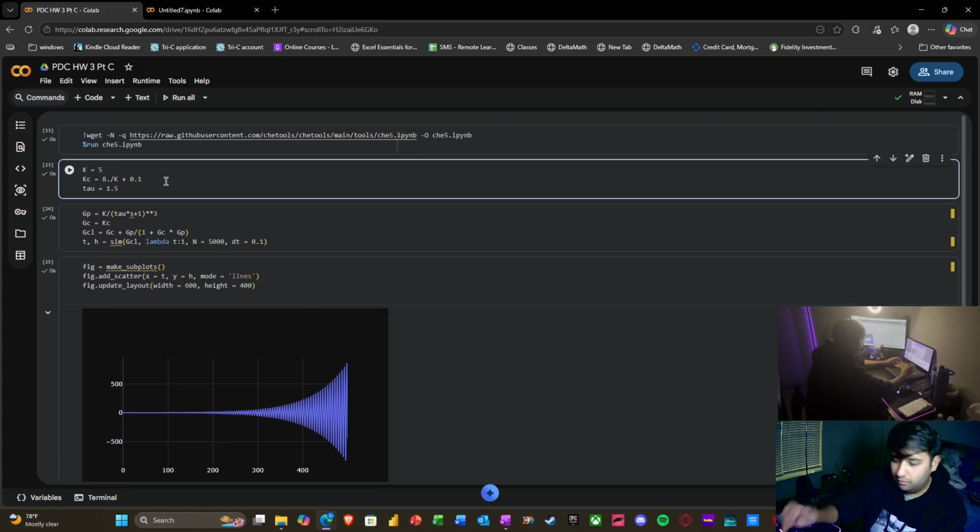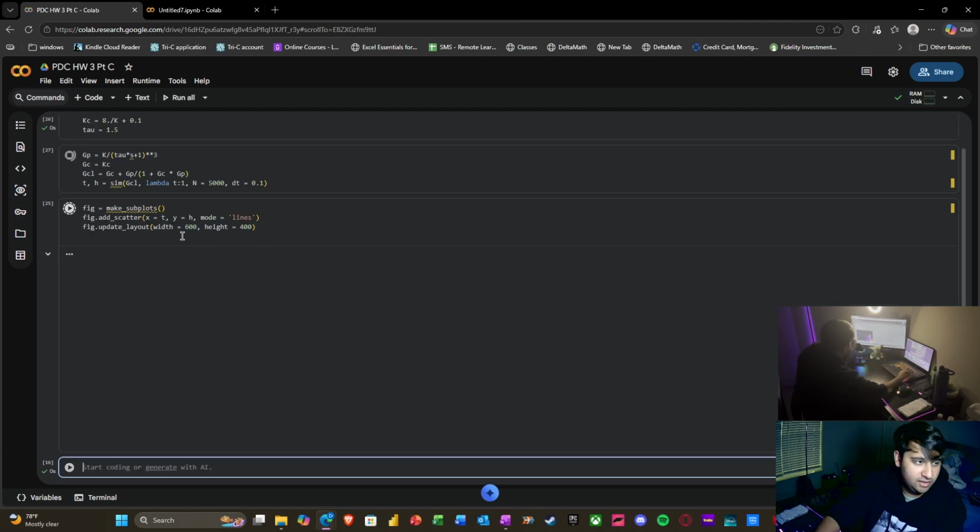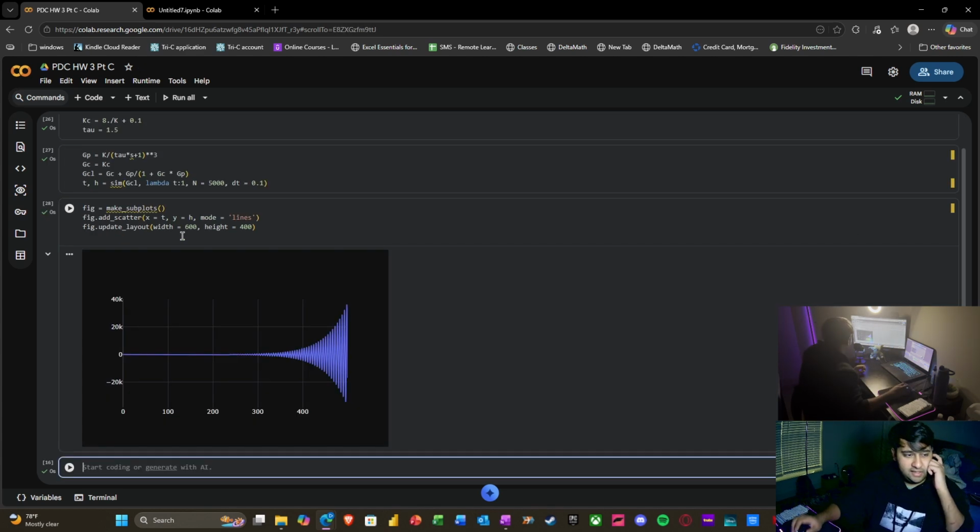So let's make it actually 1, so that would be 7.9, and that would mean that k plus 0.1 would be 8, so this would make Kc 1, and we can see that this is the plot we're going to be looking for, and this is where it's steady.